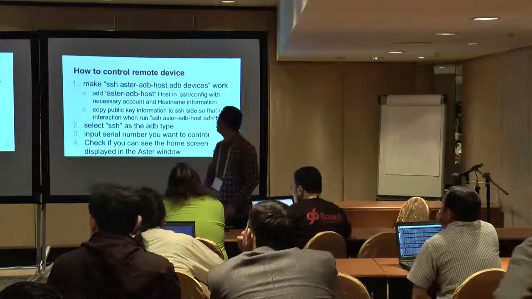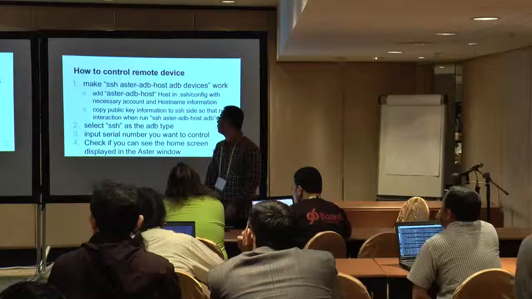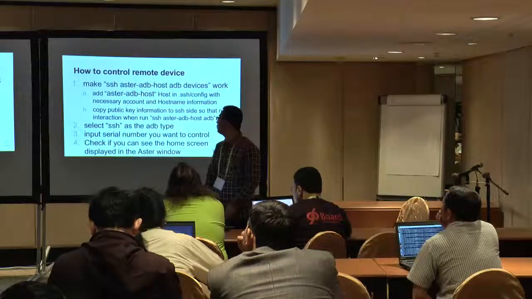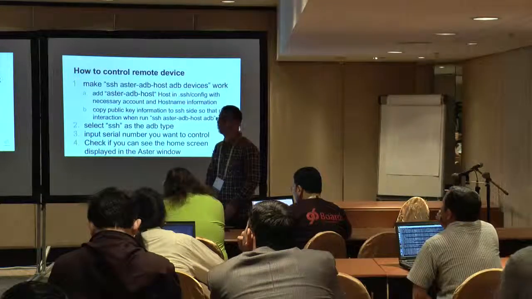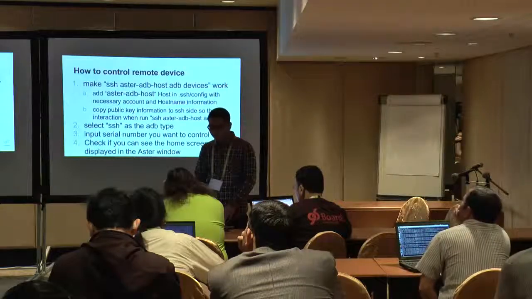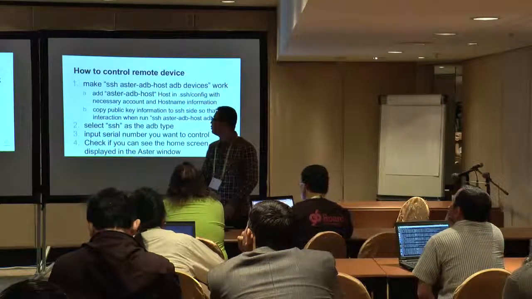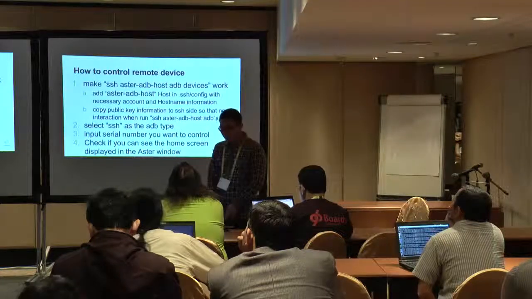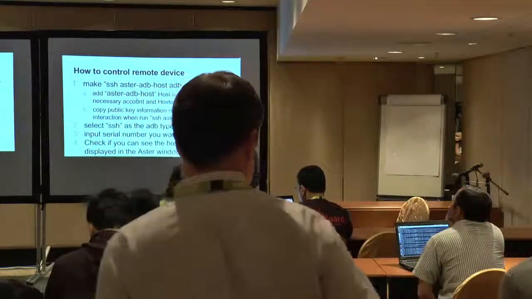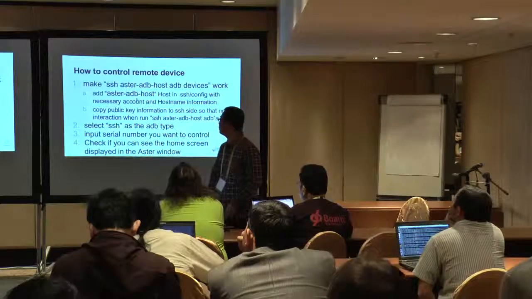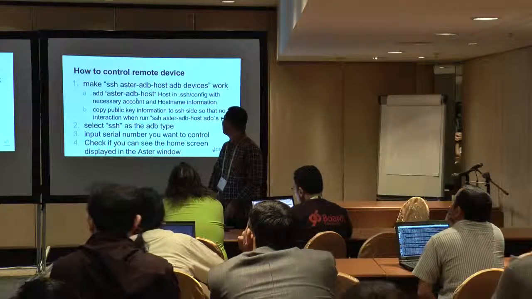Here is an in-depth description of how to control a remote device with this Aster tool. First, we need to add the Aster ADB host entry in the .ssh config file.